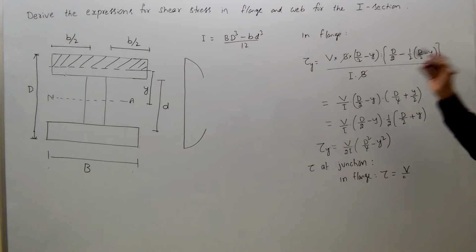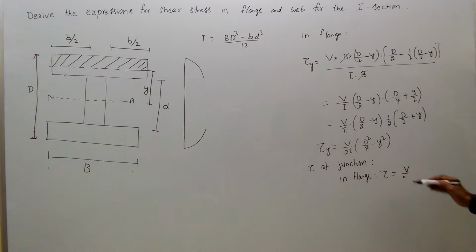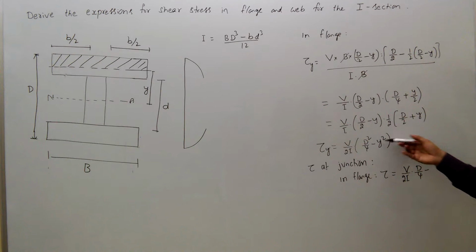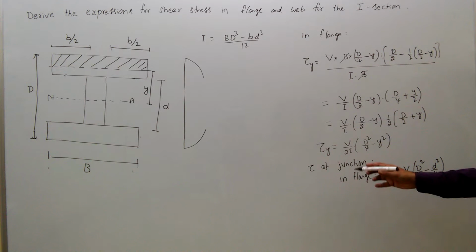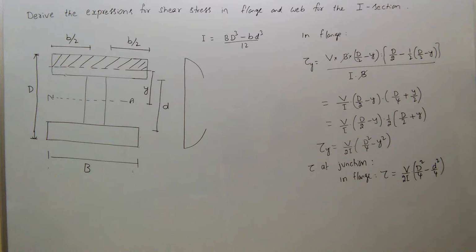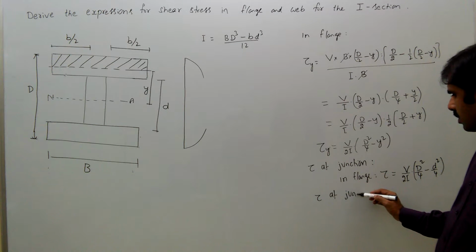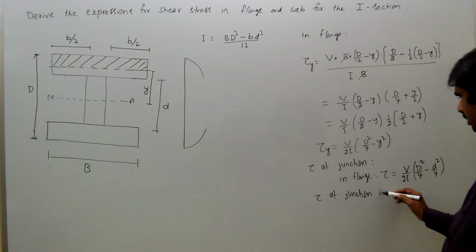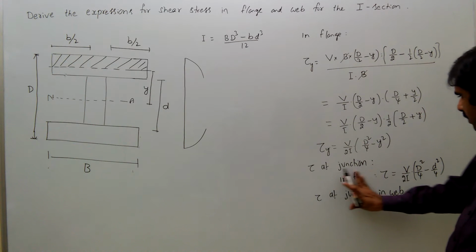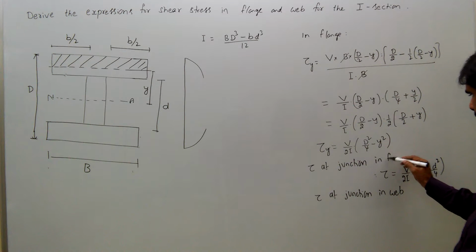Here V by 2I into D square by 4 minus y square. Y is small d by 2, that is small d square by 4. This is toward junction in the flange. Toward junction in the web.